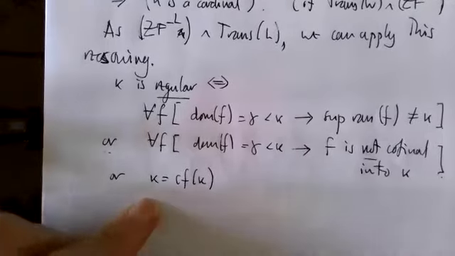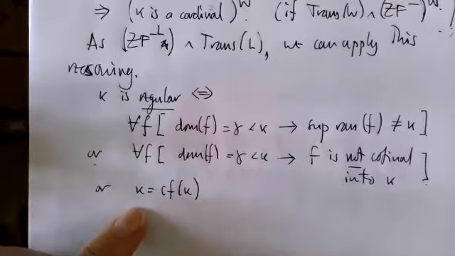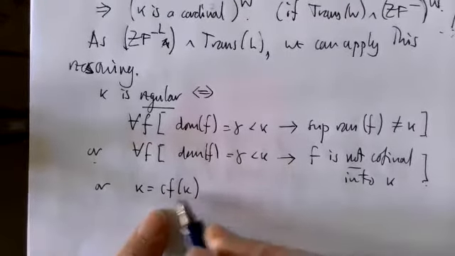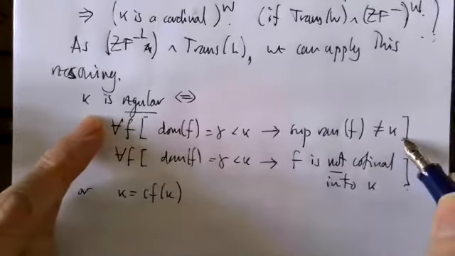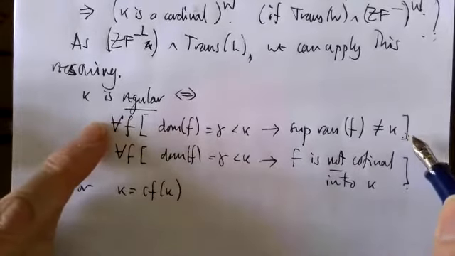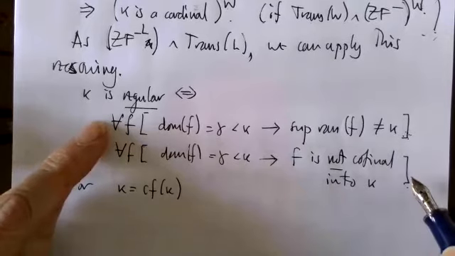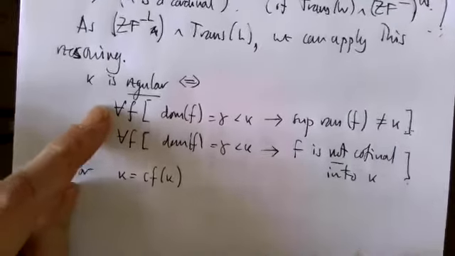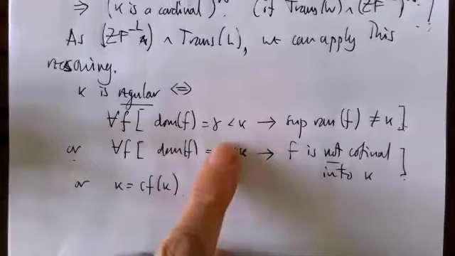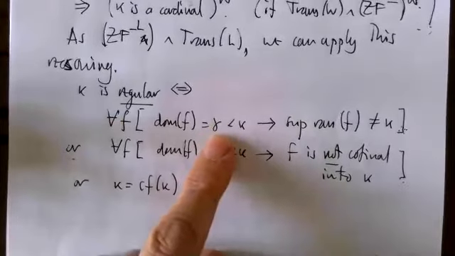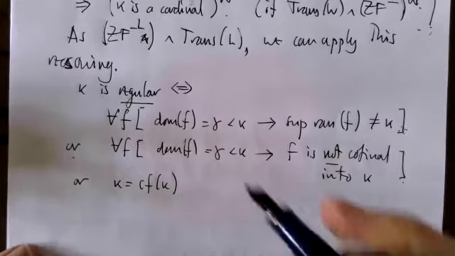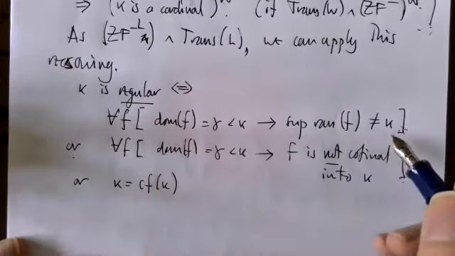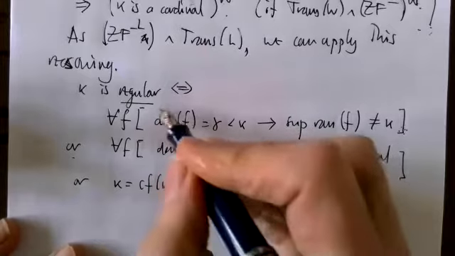This is what regular is. Of course, it's a little bit hard to unpack, because you have to say what cofinality means. Well, it's this here. So this is the basic description of being regular stated in terms of cardinals. There's no map from a smaller gamma cofinally into kappa, unboundedly into kappa. But again, these properties can all be expressed in a delta zero fashion.